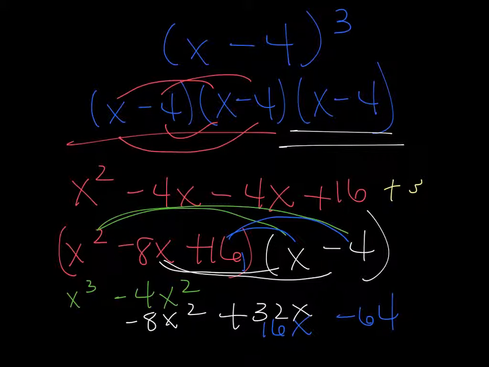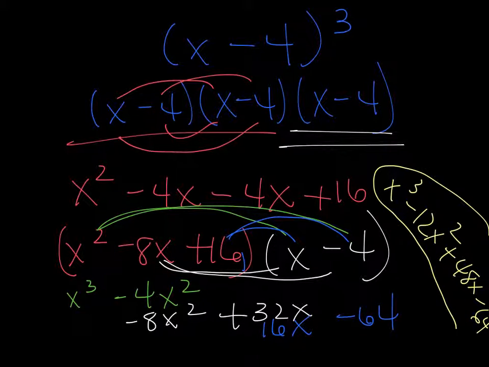That gives me negative 12x squared. Sorry about that. 32x and 16x, that gives me plus 48x. And, of course, I still have that negative 64. So my final answer is x cubed minus 12x squared plus 48x minus 64.